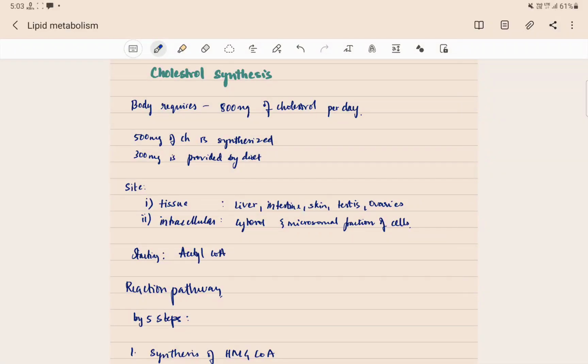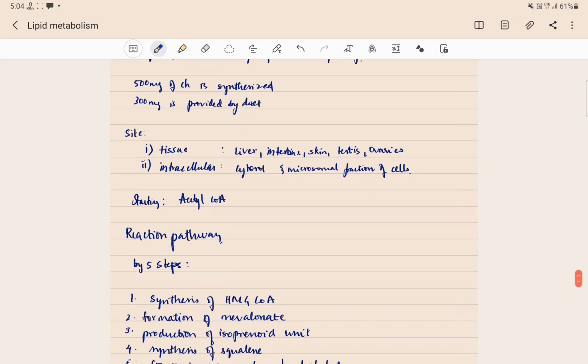Synthesis. Cholesterol is synthesized from acetyl-CoA, which comes from fatty acid oxidation. The body requires 800 milligrams of cholesterol per day, out of which 500 milligrams is synthesized by the body and 300 milligrams is provided by the diet.